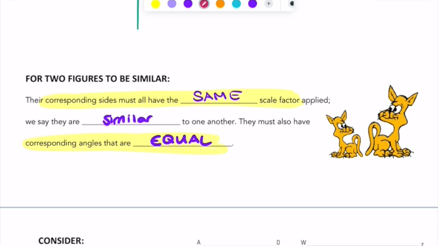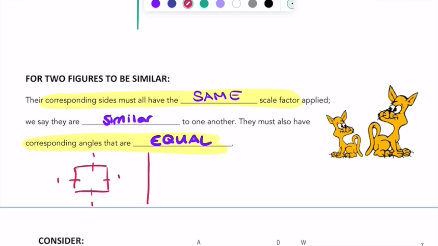A shape that we all know and love, the square. Now in a square, I know all four sides are equal to each other. I'm going to just pick a number. Let's go with 1, make this really easy. All of these side lengths are 1, let's say, centimeter long. Now if I wanted to draw a similar shape, I would need to have the same scale factor applied to every single side. So let's say I'm going to do a scale factor of 2. Since that number is bigger than 1, it'll be an enlargement, and every single side will be twice as long.